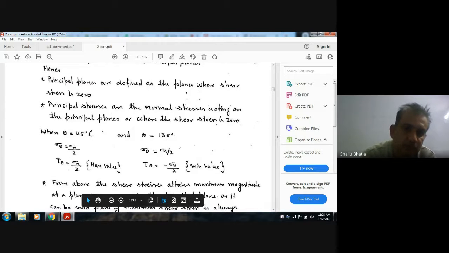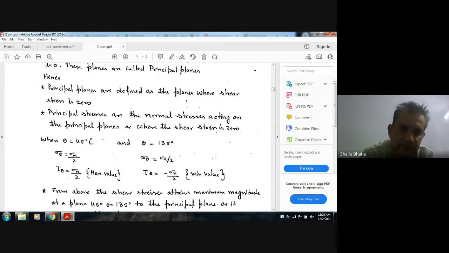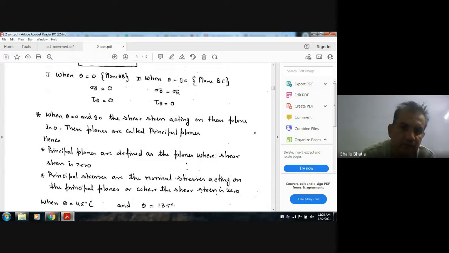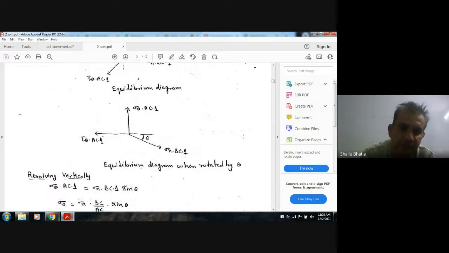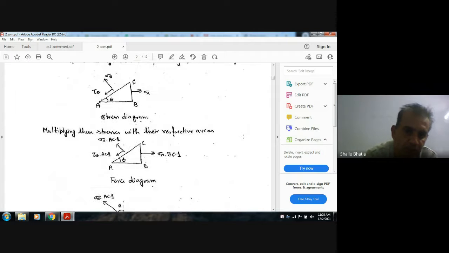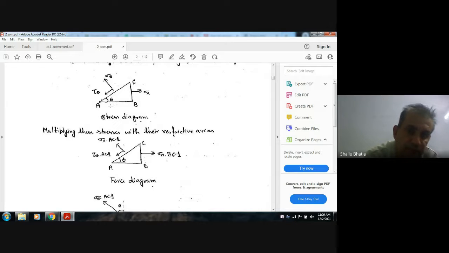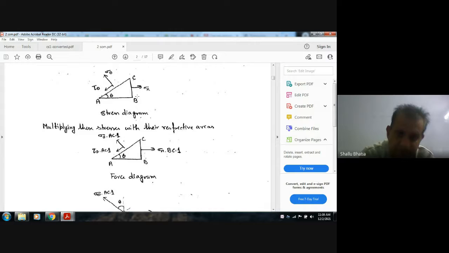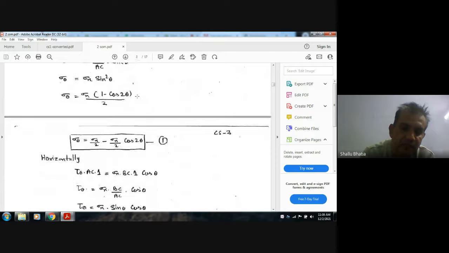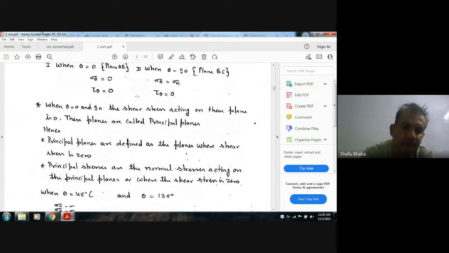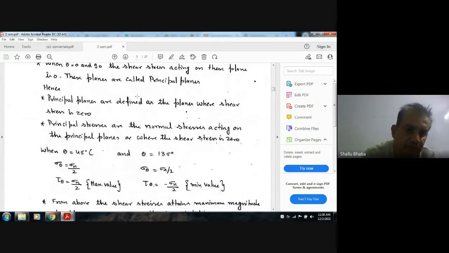So in this we saw that the normal stress is maximum at plane BC and zero at plane AB. So this is the maximum principal stress, and the zero is the minimum principal stress. And the shear stress is maximum at an angle of 45 degrees to the plane of maximum normal stress, or the principal plane.